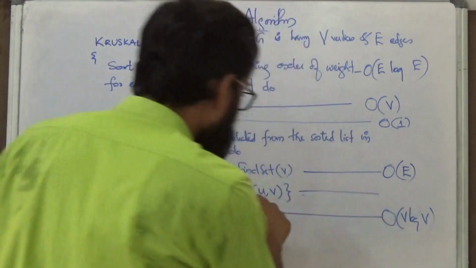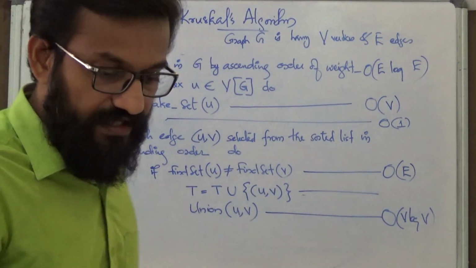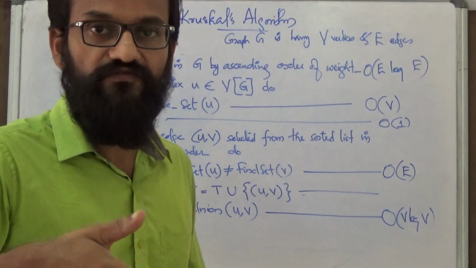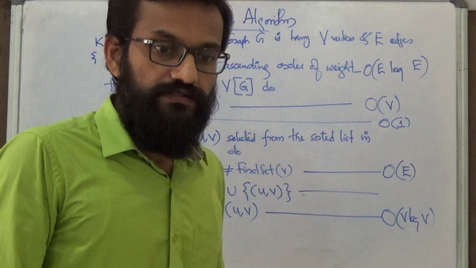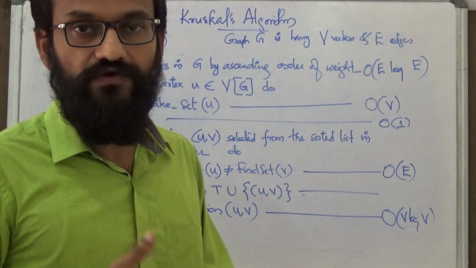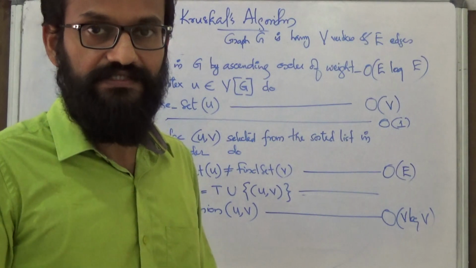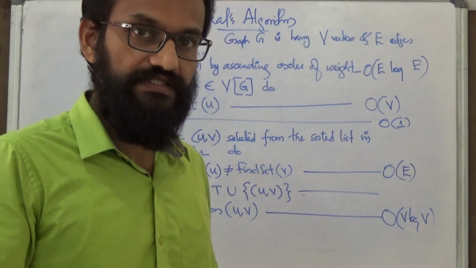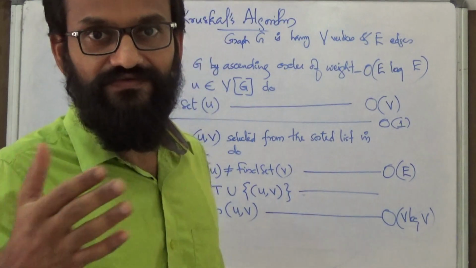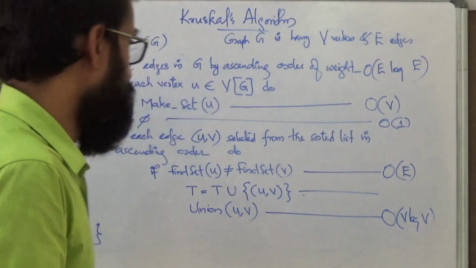Now this step actually represents addition of the safe edge into the list of edges in the spanning tree. That depends upon the underlying data structure. You can use an array or you can use a linked list concept. Whatever data structure you are using, addition of an edge into the current list will take constant time.